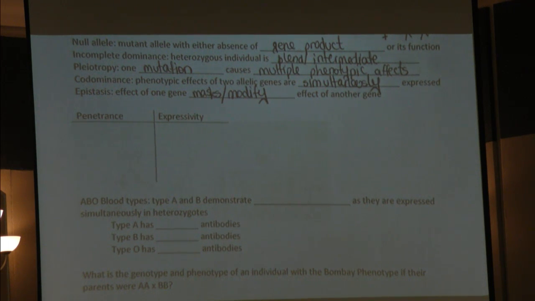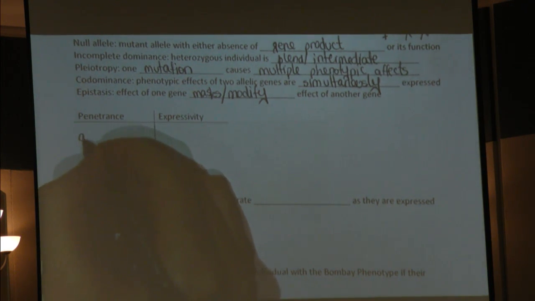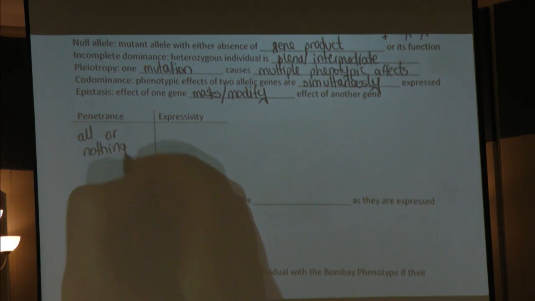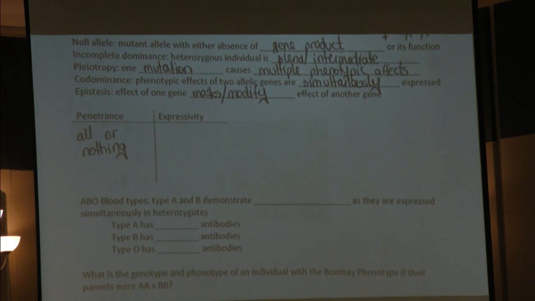Penetrance and expressivity. What's the difference? What's the same? How do you look at one versus the other? Okay, so I think of penetrance as all or nothing. This trait is either going to penetrate the entire population and every individual, or it's going to be missing in some or all of the individuals.